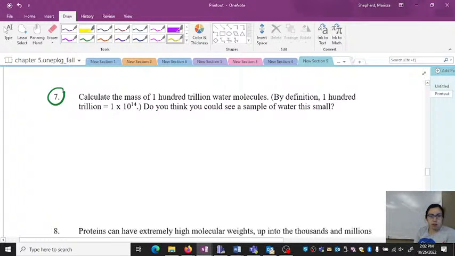So start walking me through this. We start with 1 times 10 to the 14 molecules, and then what do I need to do from here? So what's the molecular weight of water? 18.015.